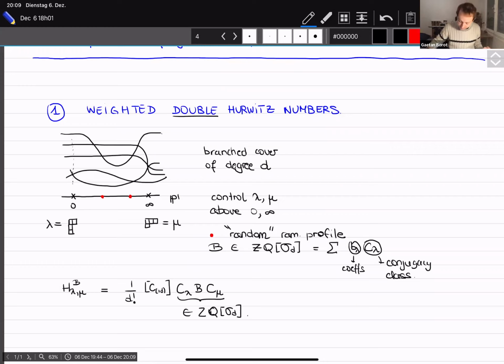And this is because when you look at P1 minus the branch points, the branch covers are determined by which representation of pi1 you have, and the pi1 has a presentation as the product of the cycles which go around each point being equal to the identity.